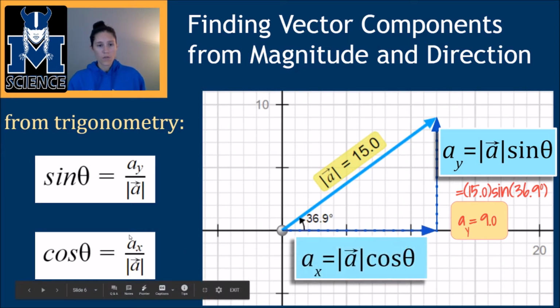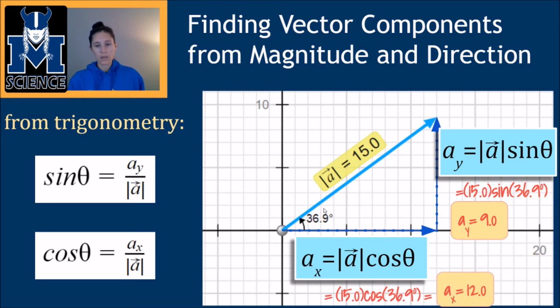If we rearrange this again by multiplying by the magnitude of A, we get that this x component of the acceleration vector is equal to 15 times the cosine of the angle, 36.9. And we get that the side length of that triangle, or the x component of this acceleration vector, is equal to 12. So sine and cosine can help you if you know the magnitude and direction of a vector and you want to know its components. Use your knowledge of sine and cosine to do that.